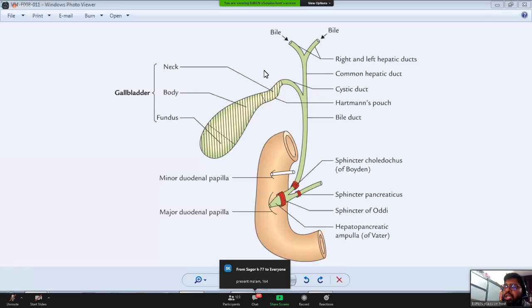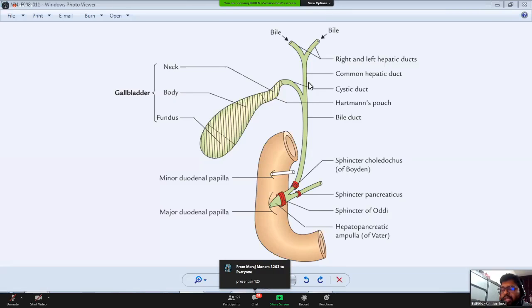So the surgeon should have a clear idea about the variations in this region, and that is very important. That's why it is said that if you want to earn bread and butter in a surgical career, know one triangle, Calot's triangle, very carefully.